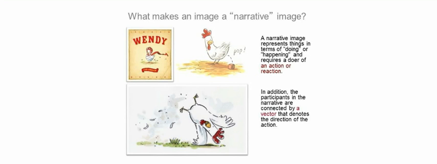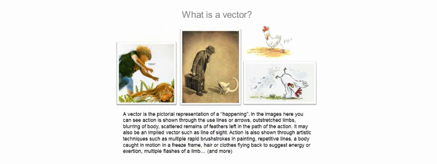So when something's happening in an image, we see what's called a vector. A vector is a line or implied line in an image. The line could be a sight line, like a gaze between two characters, or it could actually be a physical line on the page.